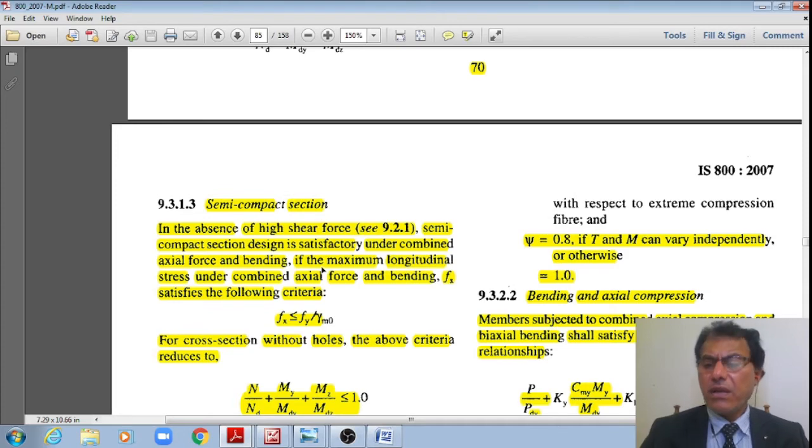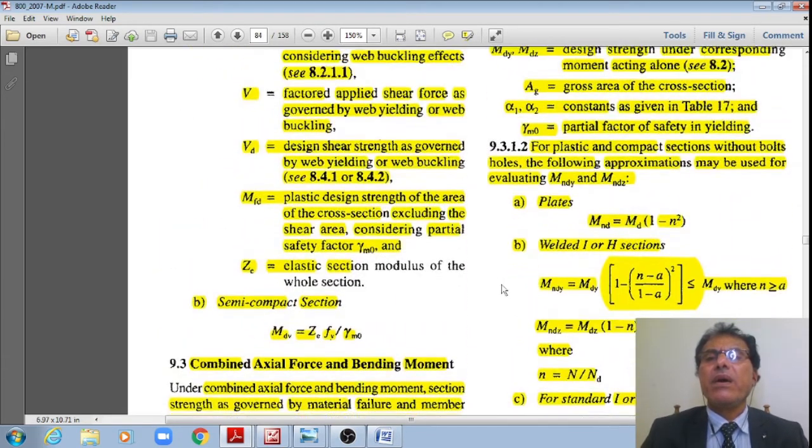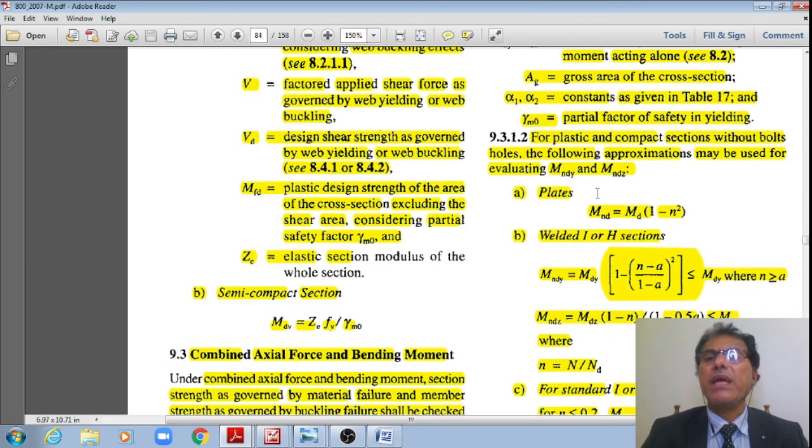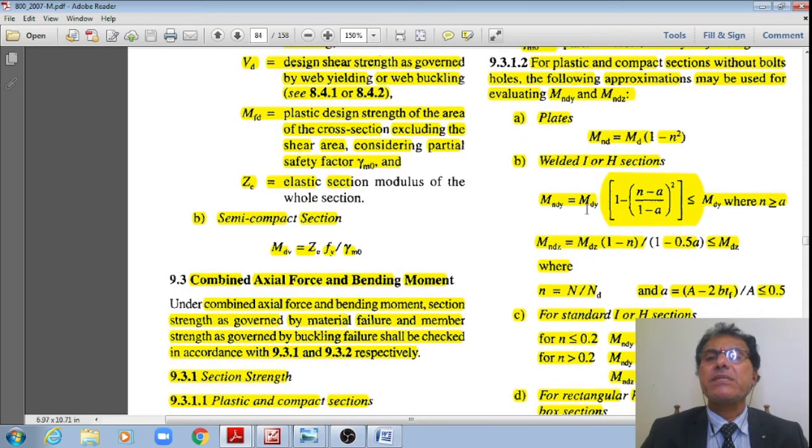And if these sections are plastic and compact sections without bolt holes, then the following approximations may be made for evaluating Mndy and Mndz. For plates, Mnd is equal to Md times 1 minus n square.